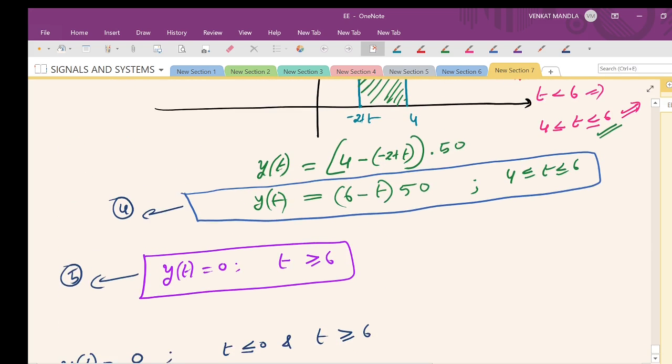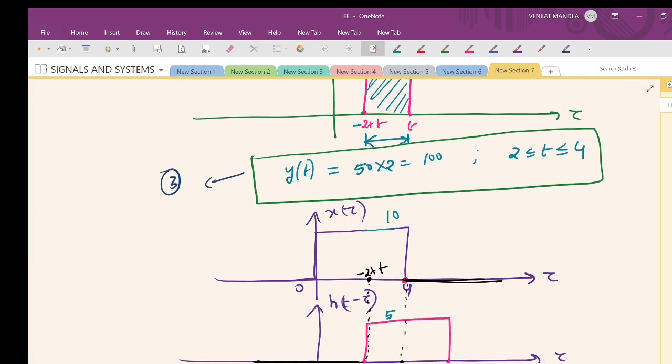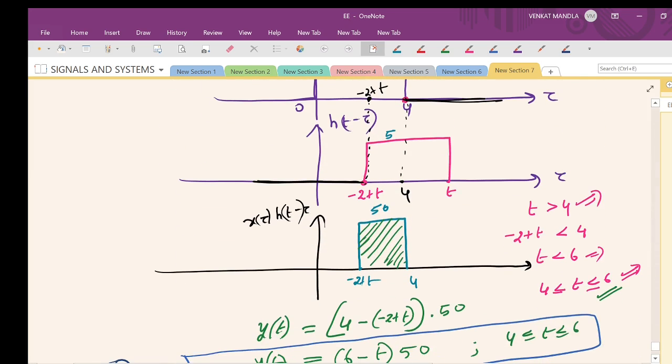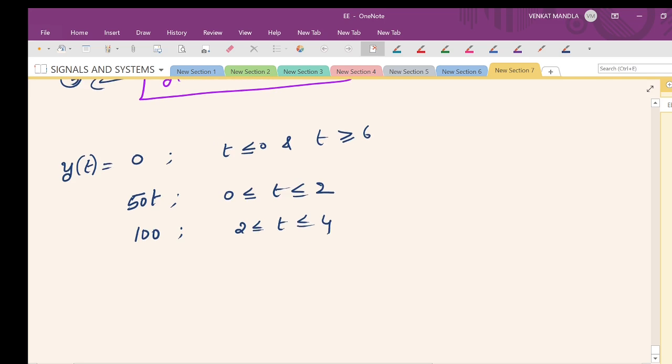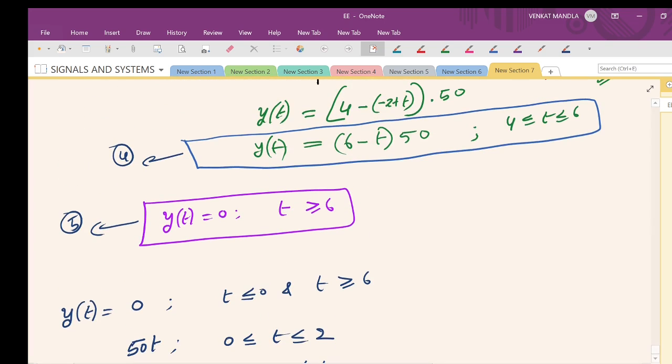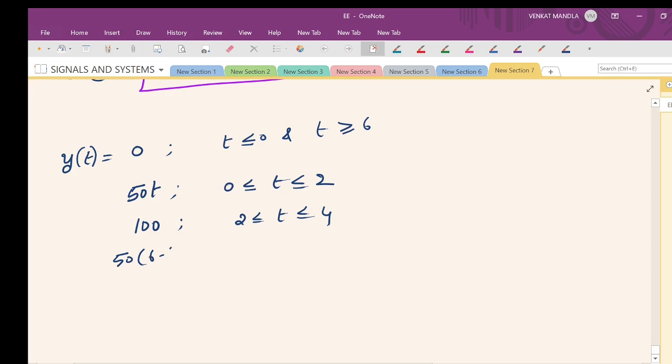The third case is constant: 100 for 2 less than or equal to t less than or equal to 4. And for 4 to 6 it is 50 into 6 minus t, for 4 less than t less than 6. For t greater than 6, it is 0, which is already included in this. This is the signal we have to draw.